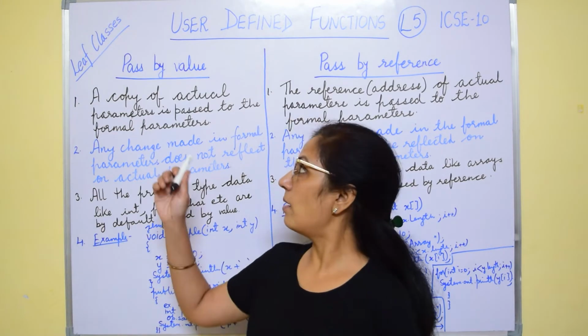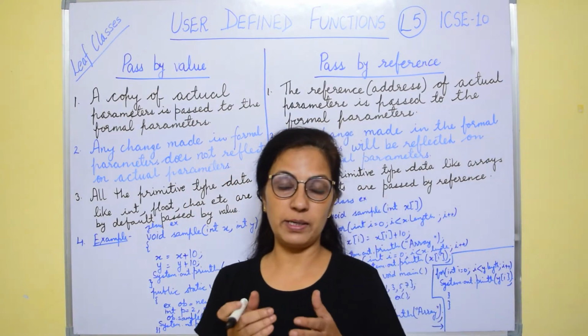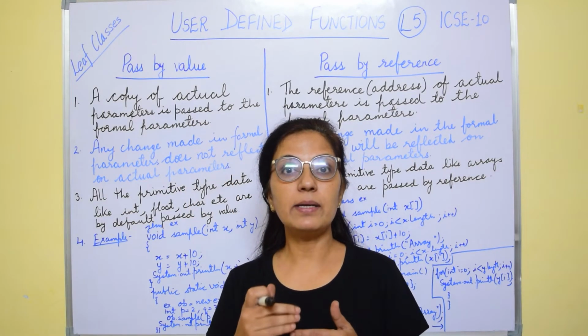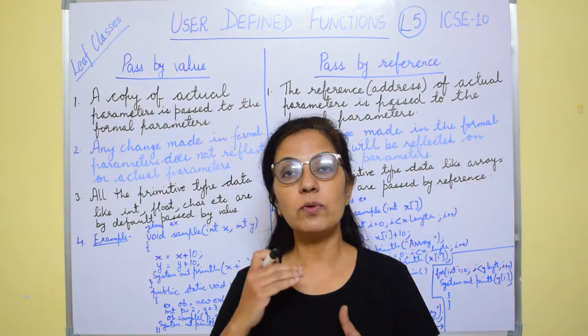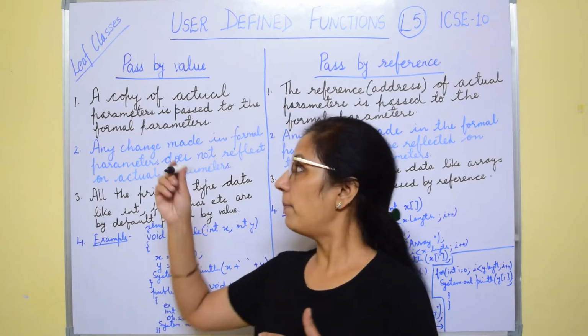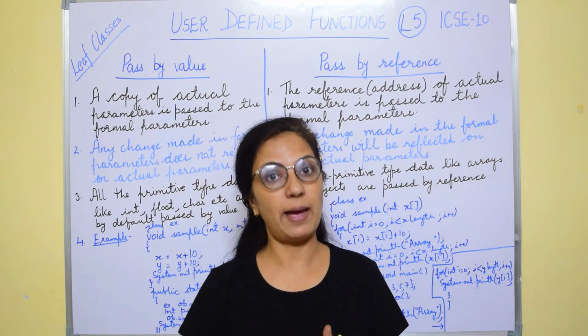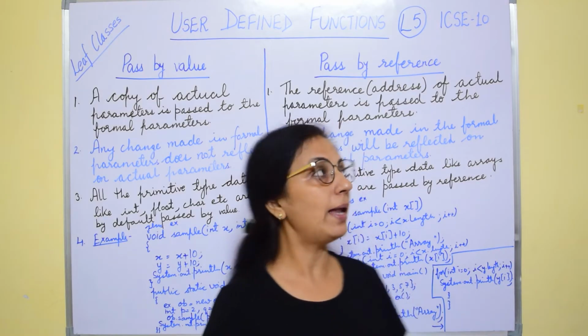So in call by value or pass by value, a copy of actual parameters. The actual parameters are the parameters which we use when we are calling the function, right? So a copy of those parameters is passed to the formal parameter in call by value.